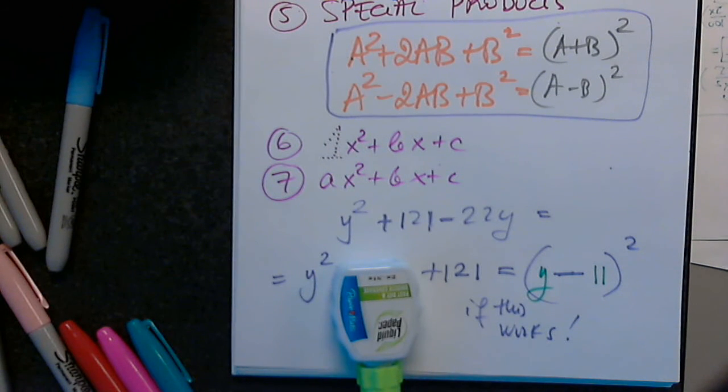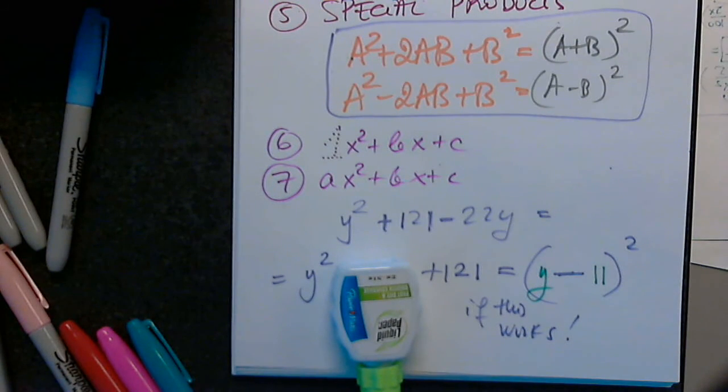Do not look to the left. We know the formula, the special product, from chapter 5: first term squared, minus 2 times the first times the second, plus the second term squared. If this is not negative 22y, this does not factor into that.